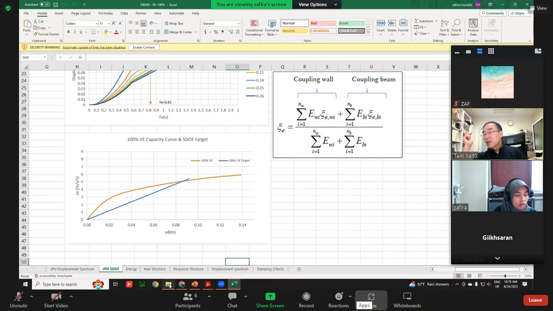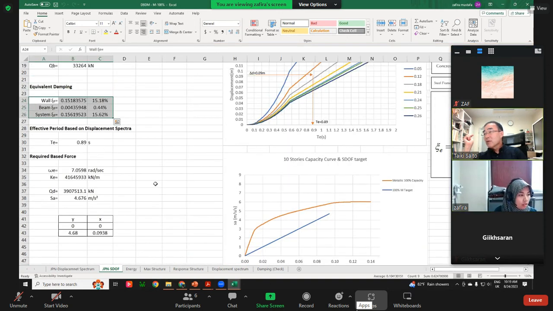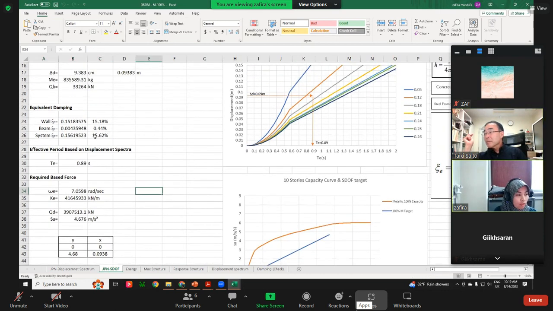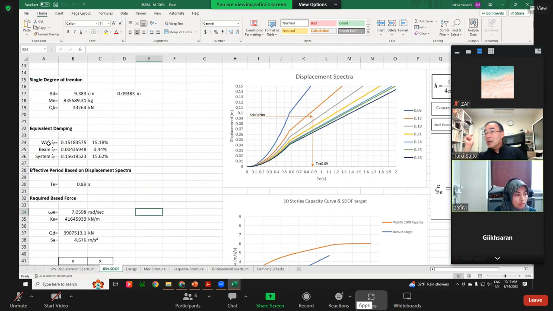But I'm talking about the metallic damper. Why is the result of capacity the same? Is it because of the damping? The damping is more influenced by the wall compared to the metallic damper itself.